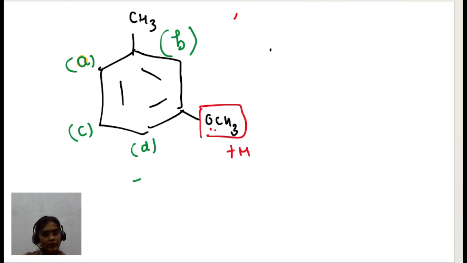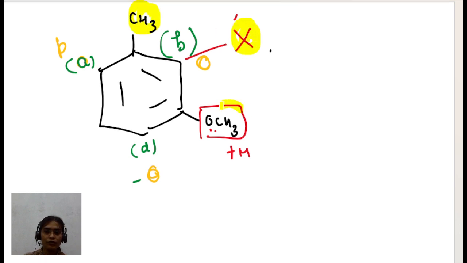ortho and para, right? So this is ortho position, this is ortho position, and this is para position. So just by using this, we are able to remove option number C. Now A, B and D. Which one is the more preferable one? If we go with B, remember the rule: all three groups in a sequence. Observe this CH3, observe this substituent, observe this OCH3.